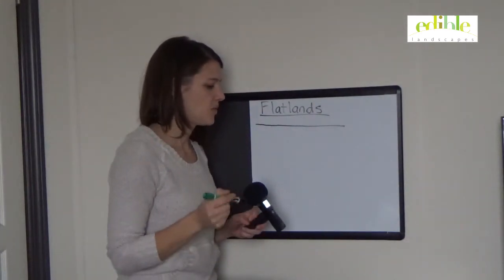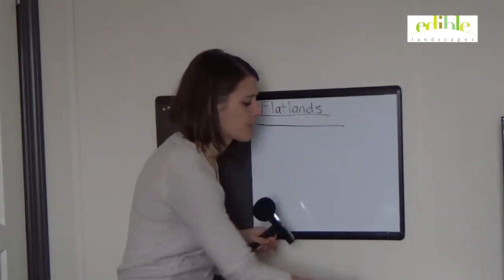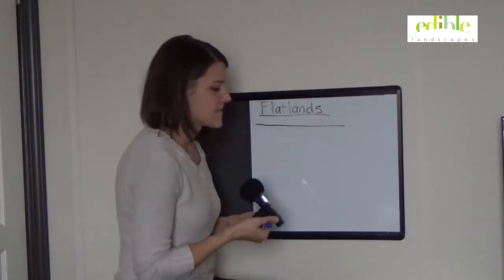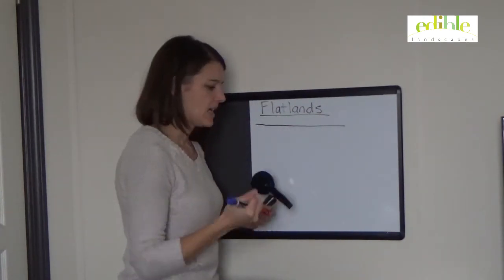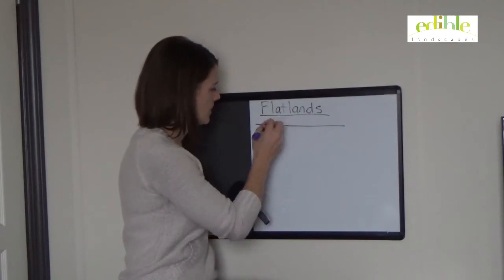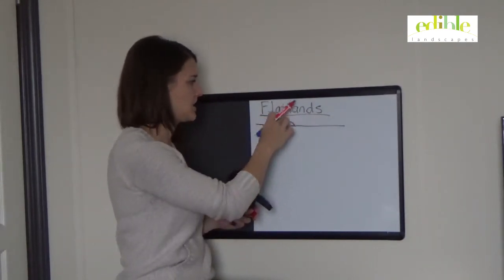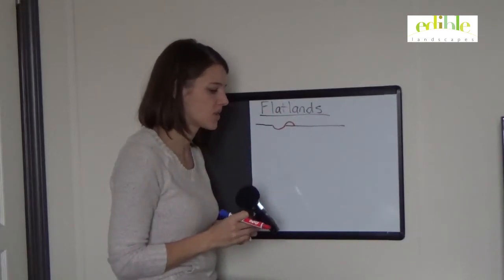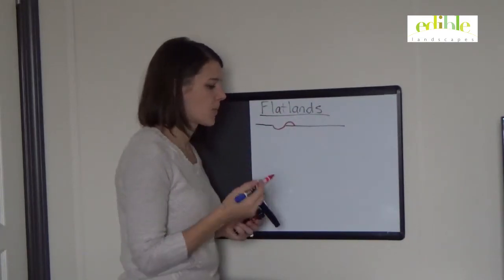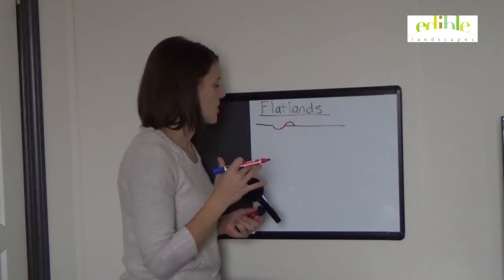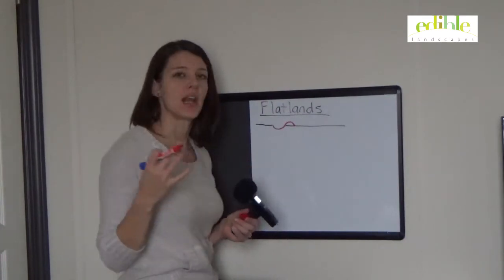So when you have to build a swale in the flatlands, typically what you have to do is you go down below the ground. So if we look at a typical swale here on the flatlands, we actually have to dig down to be able to even create one whatsoever. So the deeper the swale, the larger the mound you have and the more water you can have backing up.